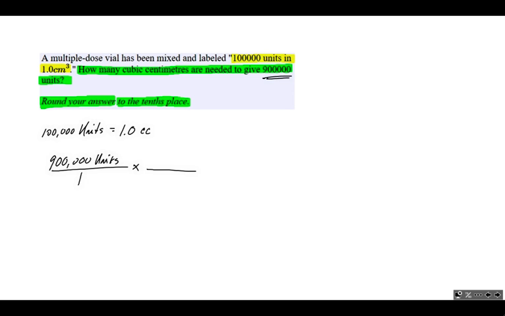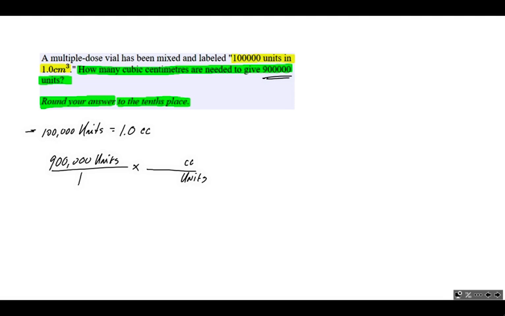And this second fraction is going to represent the conversion of units to cc's. It's important which we put in the numerator and which in the denominator. In dimensional analysis, we want to be able to diagonally cancel our similar dimensions. So we want units to be in the denominator here because they're in the numerator on the left. And if we have units in the bottom, we need cc's in the top here.